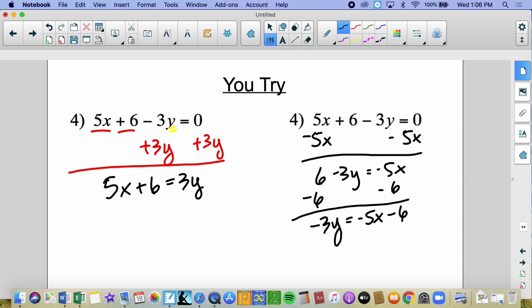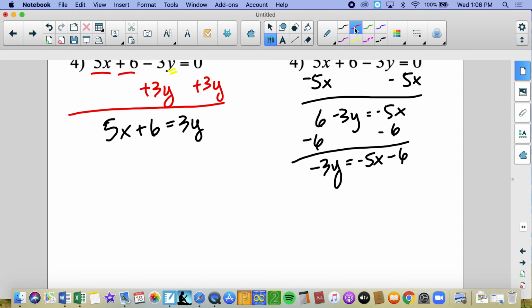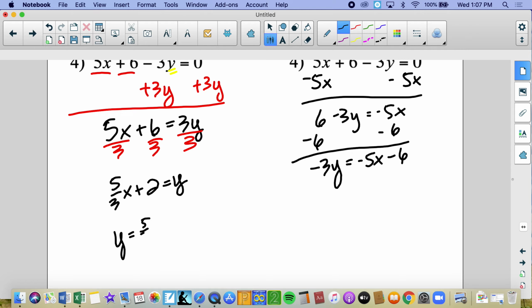So we have y by itself, we just have to get rid of its coefficient. So in the left problem, we would have to divide everything by 3, which would give me 5/3 x plus 2 equals y, or y equals 5/3 x plus 2.